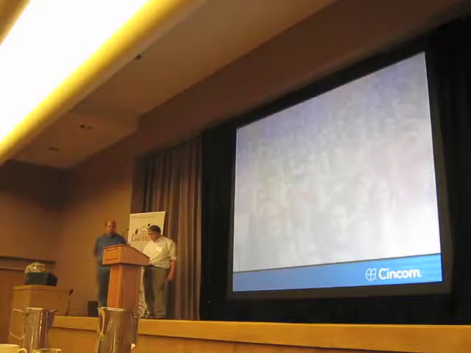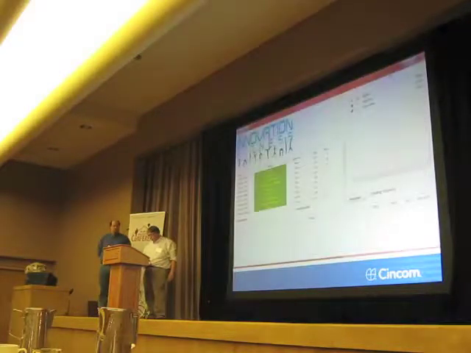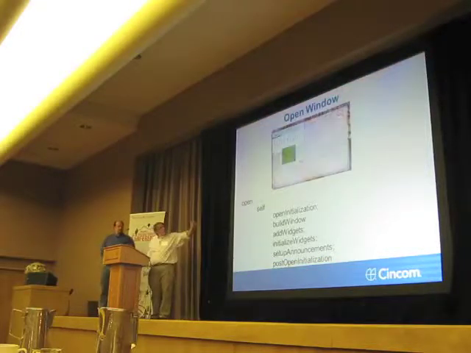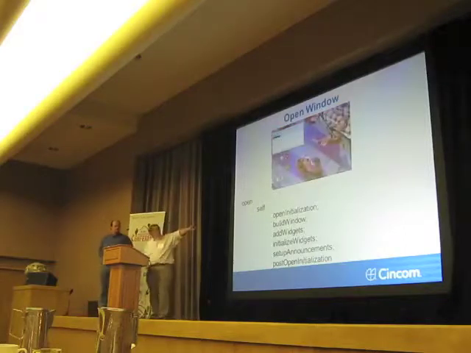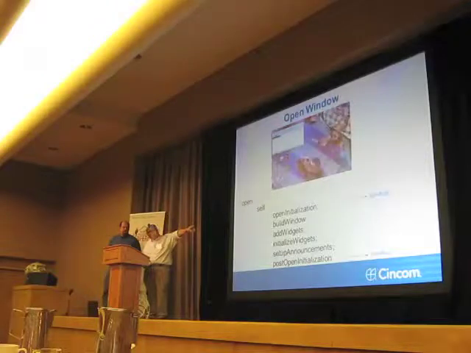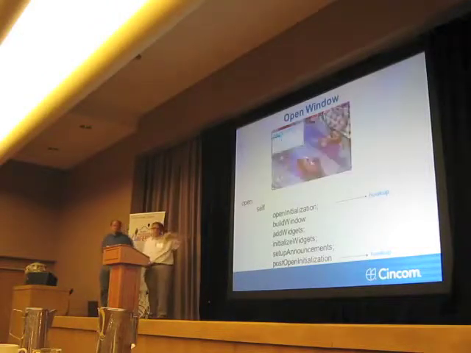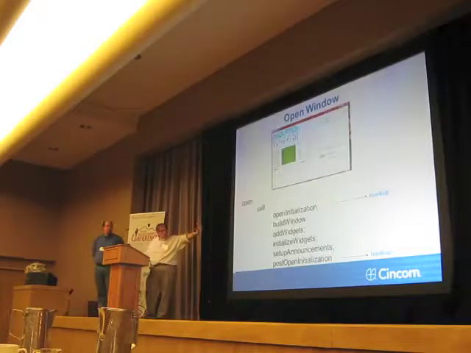Now how did we do it? Okay. So to open a window, we simply have used these methods. The open initialization and the post open initialization are simply hookups. You don't have to do anything in them, but it's to initialize before you start opening or building the UI.